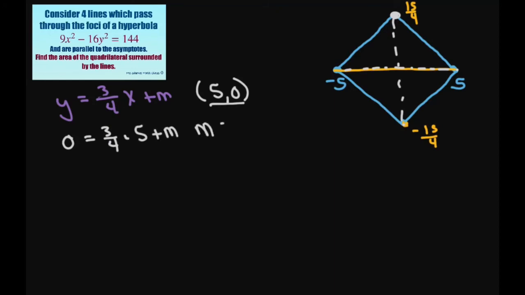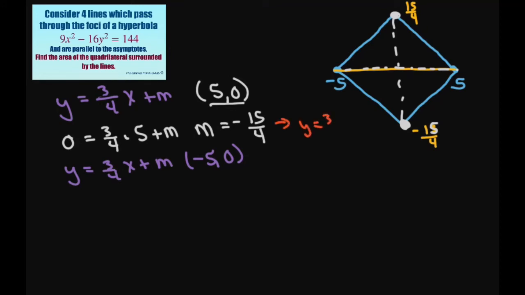So that means m equals negative 15 divided by 4. That's your y-intercept right there. Let me write this equation out. This equation would be y equals 3/4 x minus 15 divided by 4. So basically it's this one right here.